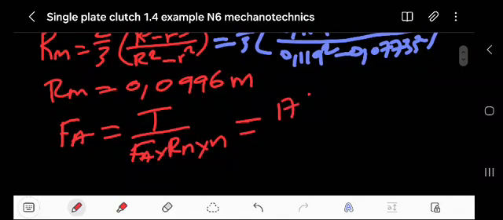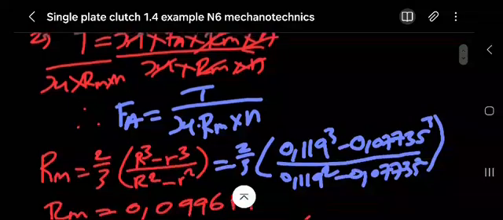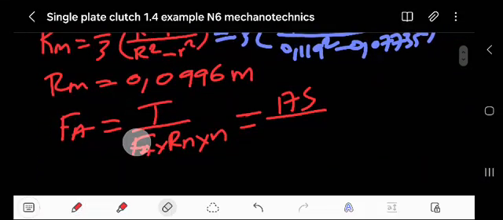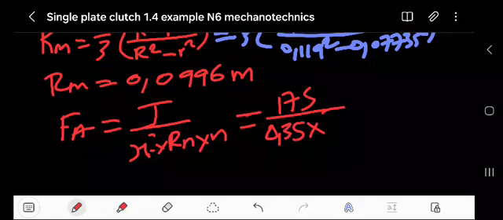The coefficient, which is 0.35, multiplied by what we have got, which is 0.0996, multiplied by 2.